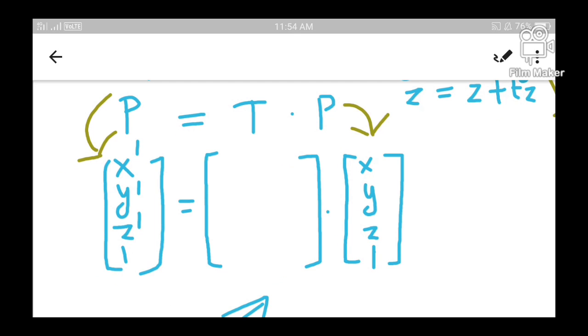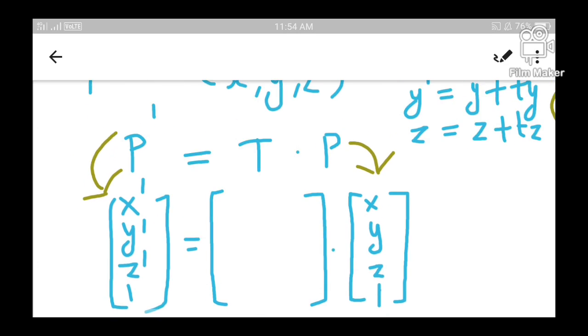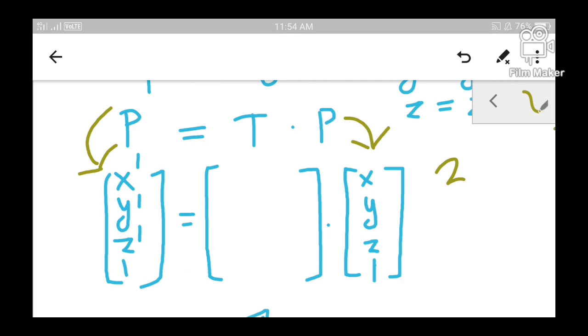So this is a 3D space. In a 3D space you have 3 coordinates, which are x, y and z. As per the definition of homogeneous coordinates, an n coordinate system can be represented using an n plus 1 coordinate system.